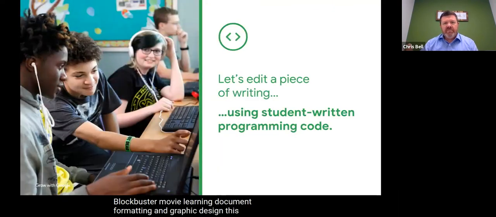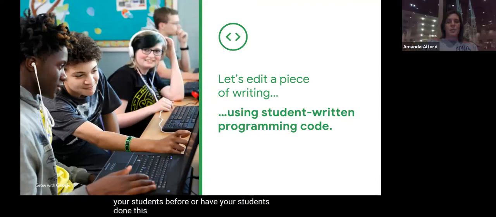Have you done this one with your students before? I have. Last year I had my students do this, and they used actual language arts research papers that they were working on, and they ran this code. It was amazing how many students came back to me and said, "Mrs. Alford, I need to find a new word for awesome.